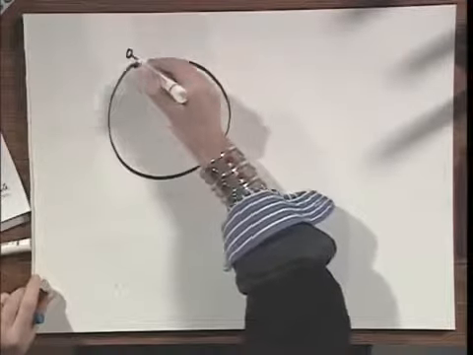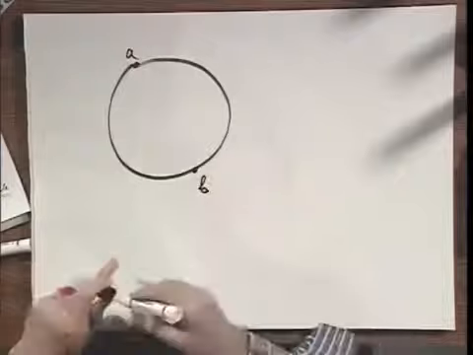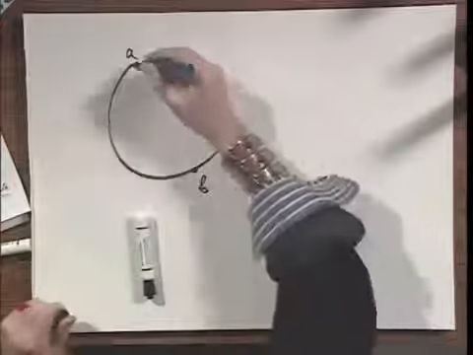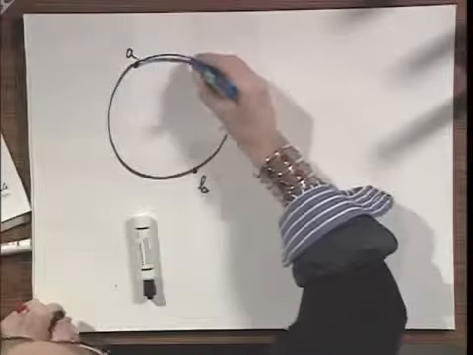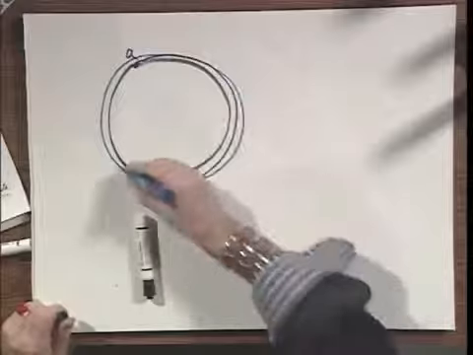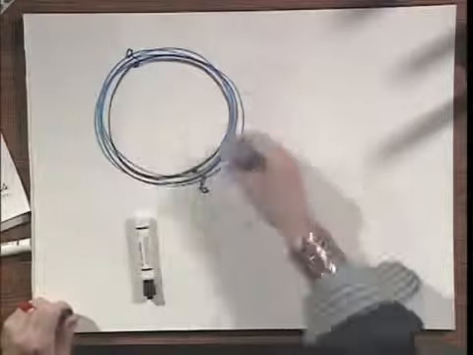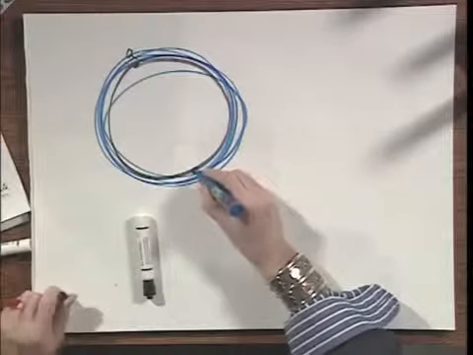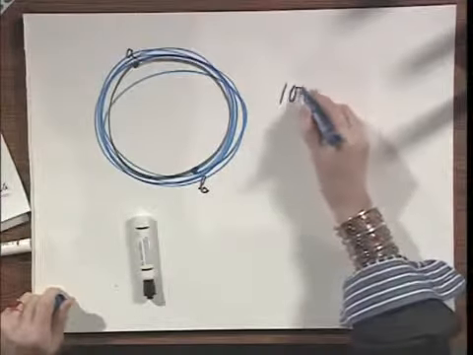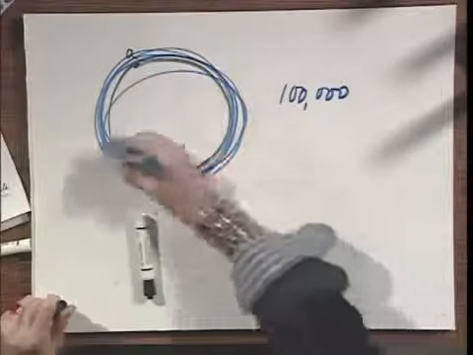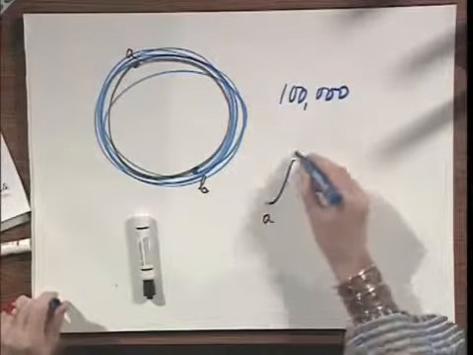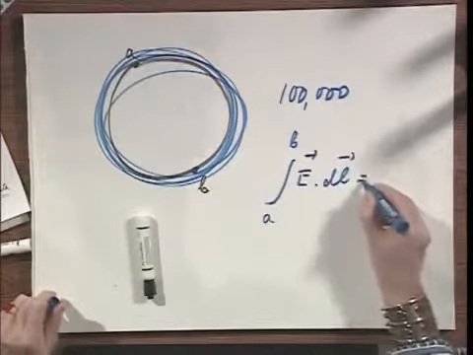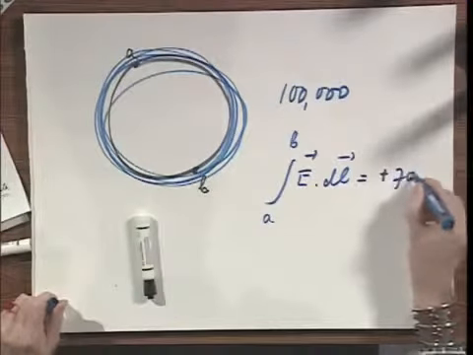If I have here point A, and I have here point B, and if I choose a closed loop which starts at A and goes around and around and around, and finally attach it to point B, then it's a closed loop, and I do that 100,000 windings, then the integral from A to B of E dot dl, believe it or not, is plus 700 volts.